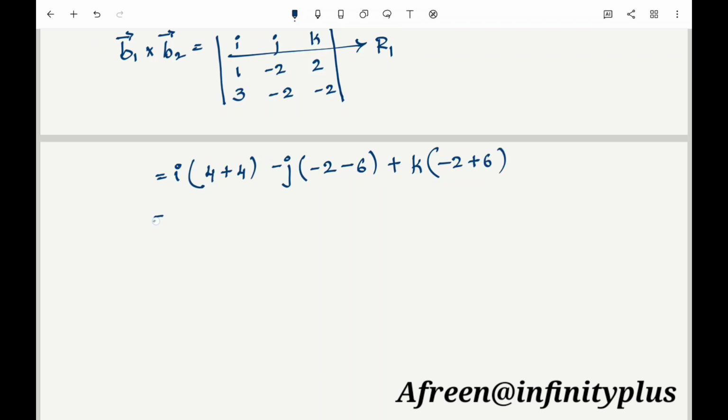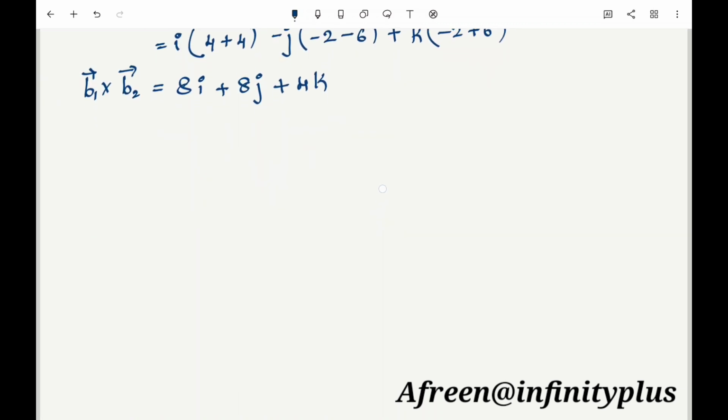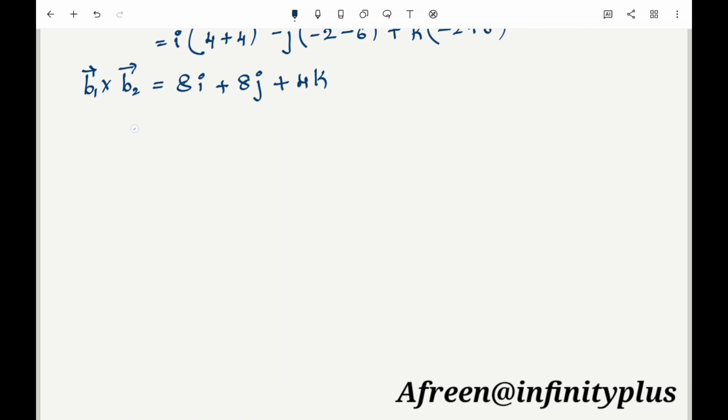So you will get b1 cross b2 vector as 8i minus, so you can add minus 2 minus 6. So minus 2 minus 6 is minus 8. So minus into minus is plus 8j plus 4k. So this is b1 cross b2 vector. So we have got the cross product of b1 and b2 vector.